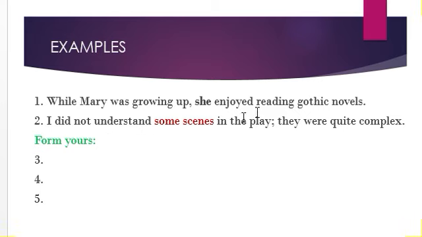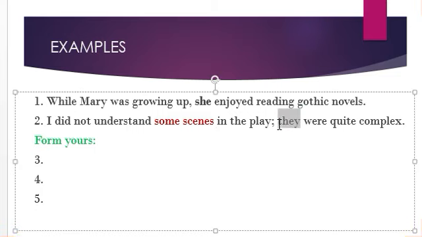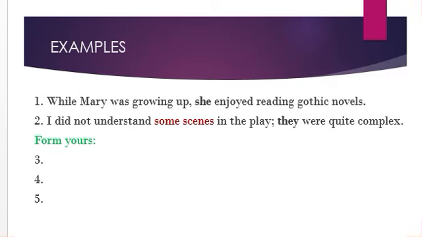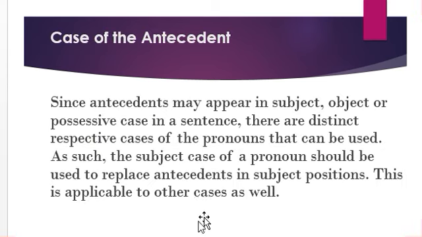I did not understand some scenes in the play. They were quite complex. Okay, this they here, what is it replacing? It's replacing some scenes. So you can see that they is plural, scenes plural. So I want you to provide other examples on your own. Pick up a pen, follow the steps. So let's see the next one. Very easy.